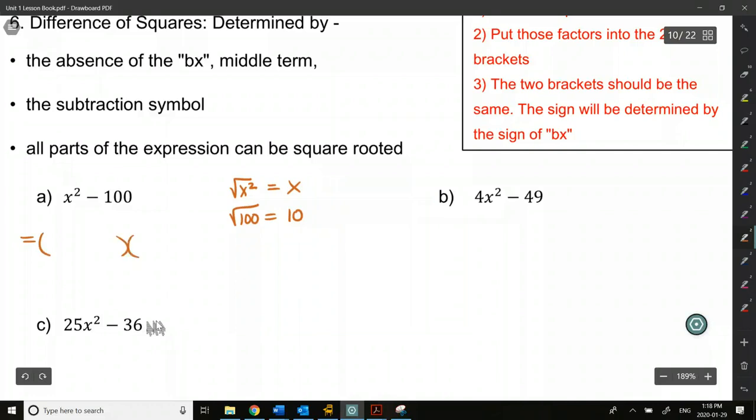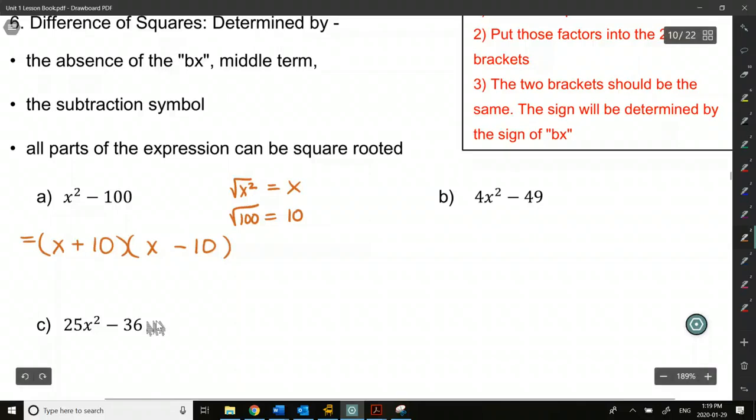So with difference of squares, if you guys remember this, you get one positive bracket, one minus, and then you do the square roots of the first and last term here. So x plus 10, x minus 10. Okay, so if you notice a difference of squares, you can do that quick pattern. Certainly, we can also say what two terms multiply to 0 and add to negative 100. It would be positive 10 and negative 10, and then factor.